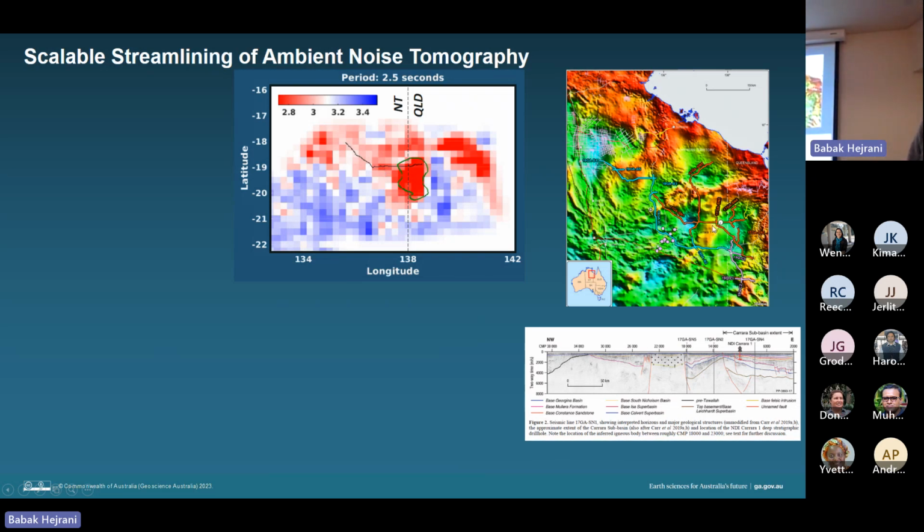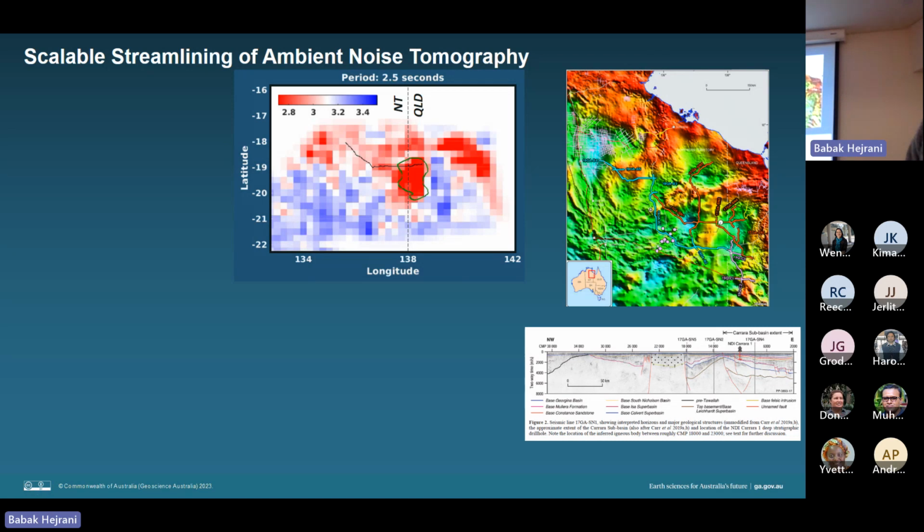The Carrara subbasin is located on a low gravity anomaly, and they were wondering whether this low gravity anomaly is also another basin or the continuation of the Carrara subbasin. But in the seismic line, their interpretation is that they see a basin here in the Carrara basin, which is this side, but over this low gravity anomaly, there's no basin. I don't really remember how they interpreted this, but anyway, nothing.